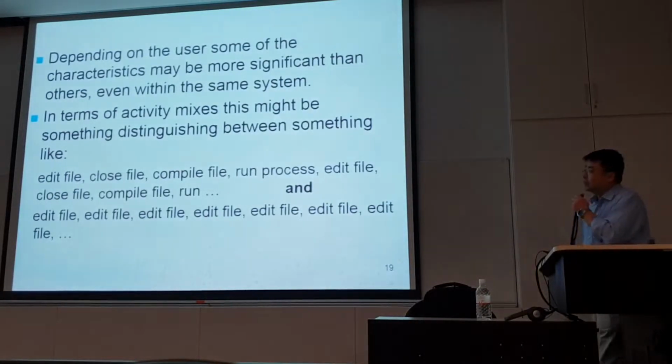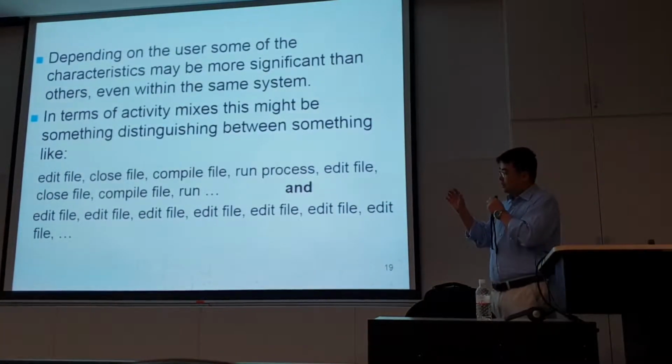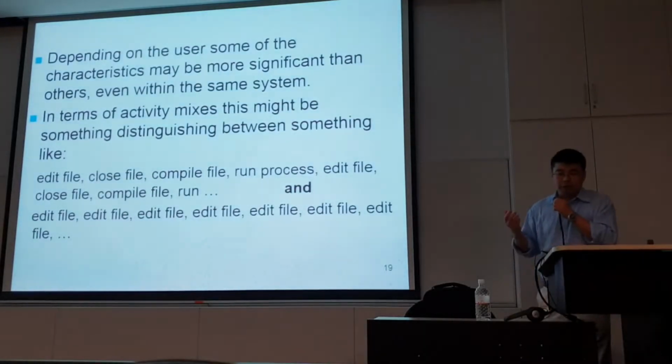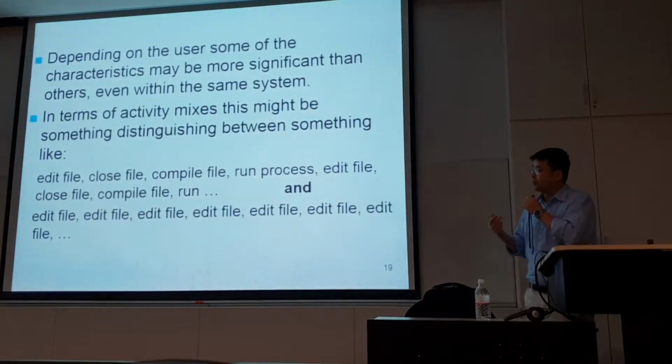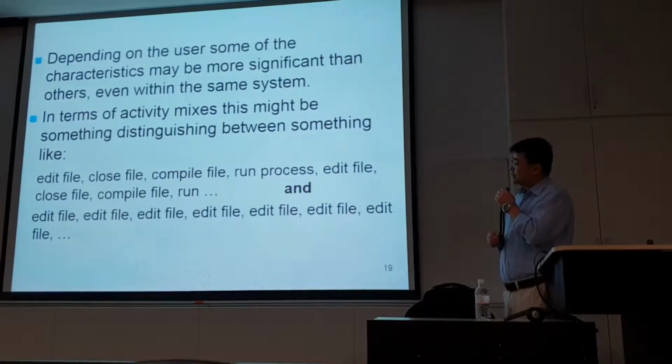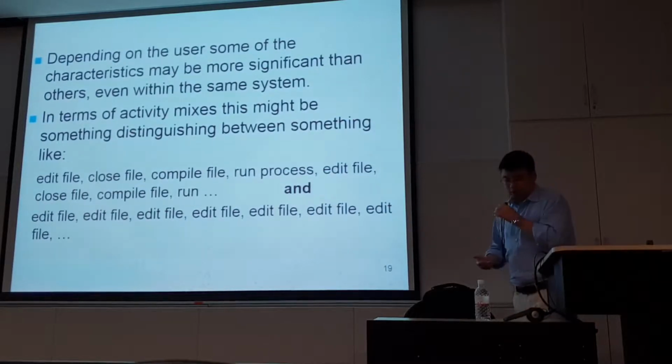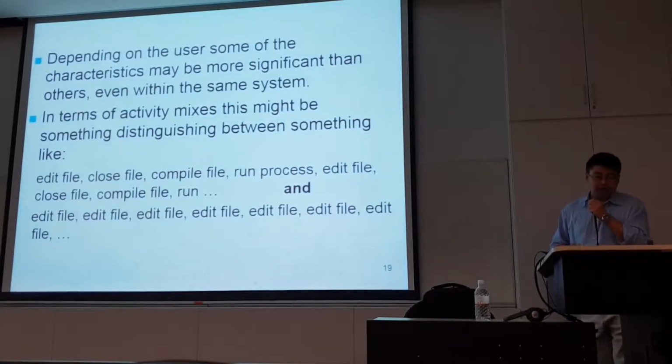So here is one example. If we log the events of the activities of the user, then sometimes we can determine whether this is a normal or abnormal behavior. In these two examples, the first is a typical user behavior of a programmer, and the second one is the typical behavior of general staff.